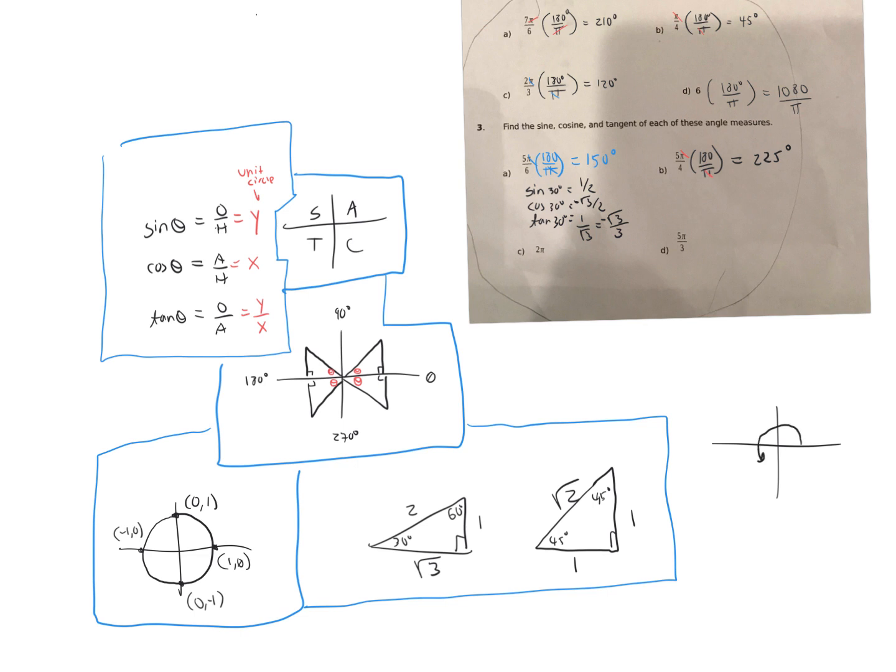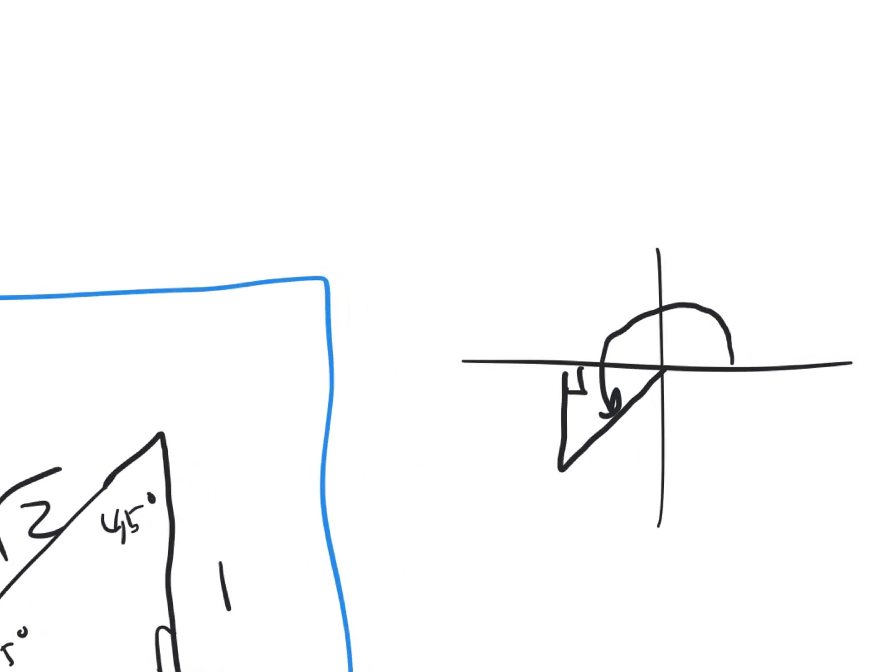So therefore, we're looking at this part of the bow tie, this triangle in the bow tie. So we have a triangle here, and 225 minus 180 is 45.